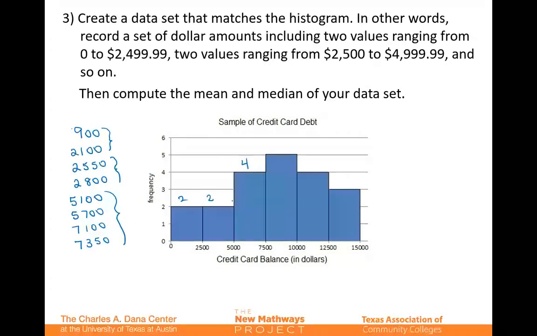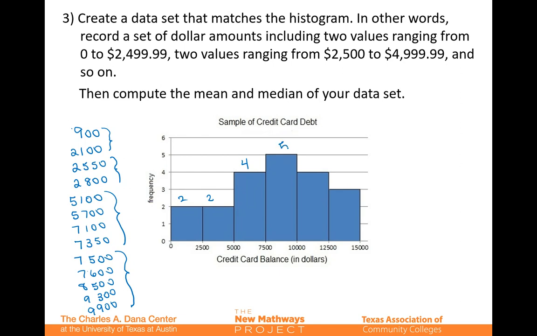There's 5 values in this next bin, 7,500 or more, so exactly 7,500, 7,600, 8,500, 9,300, 9,900. Those 5 values all fit in this bin.